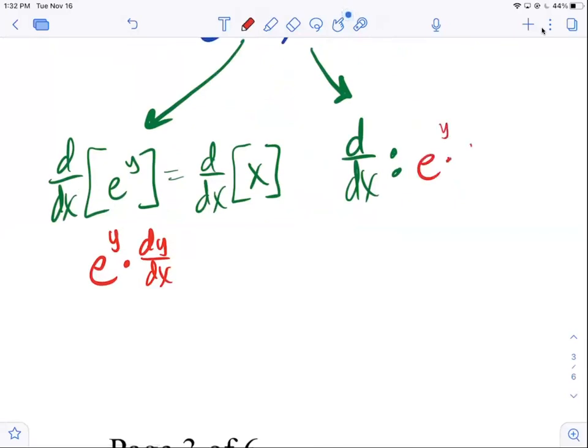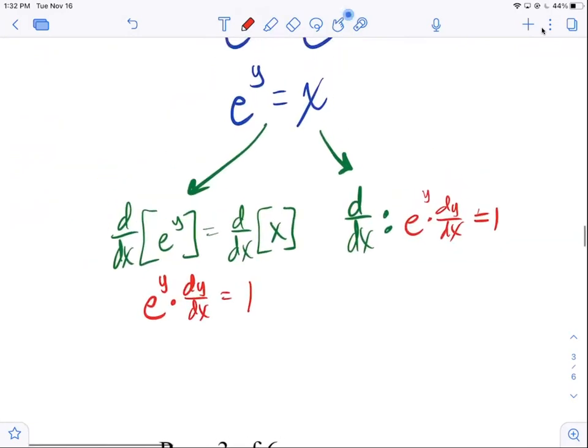We would just jump straight to it. All right, and then the derivative of the right side, what's the derivative of x with respect to x? 1, right? So this would equal 1. So those are the two ways you do it. You put d/dx in front of both sides, and then you take the derivative on the next line, or you just put d/dx, verb, and then colon, and then you're like, here I go, here it is.